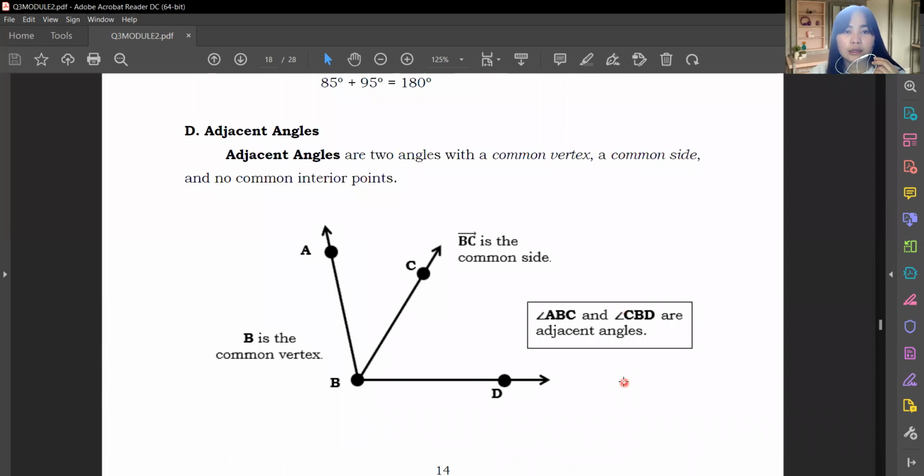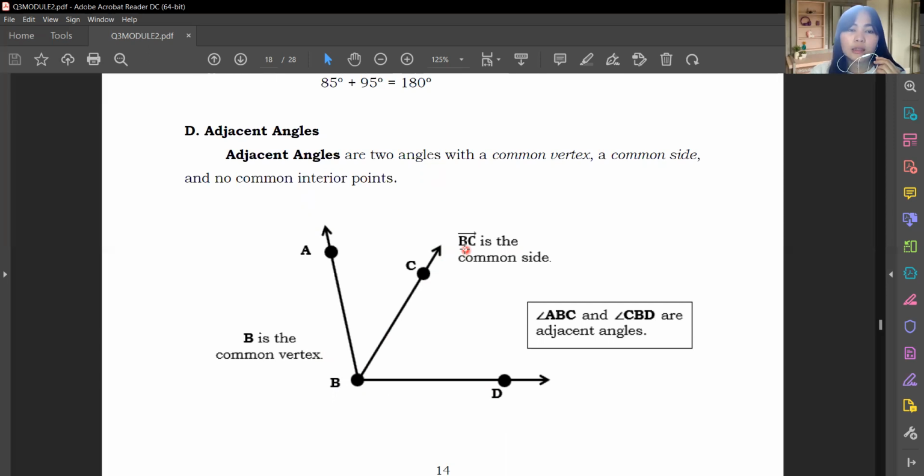Now, adjacent angles are two angles with a common vertex, a common side, and no common interior points. So here in our figure, B is the common vertex. I mean, ray BC is the common side. Therefore, angle ABC and angle CBD are adjacent angles, with a common vertex, a common side, and no common interior points.